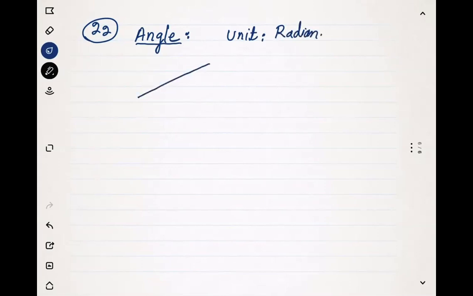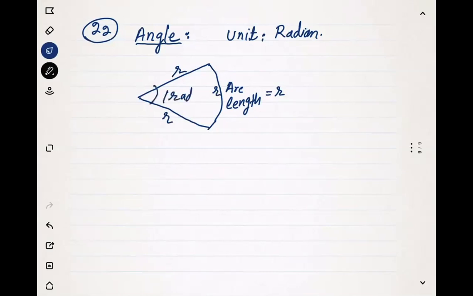A radian is an angle at the center of the sector for which the arc length is equal to the radius. So if the arc length becomes equal to the radius, then the angle at the center would be 1 radian. This is the definition of radian. Now what would be the base unit for angle?